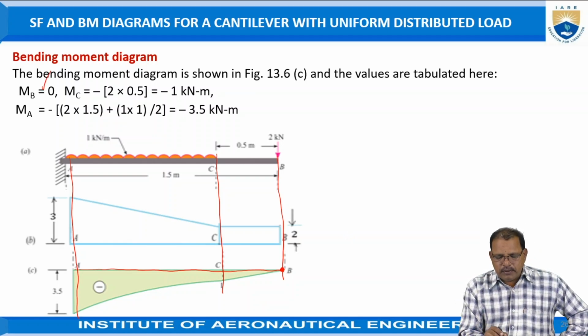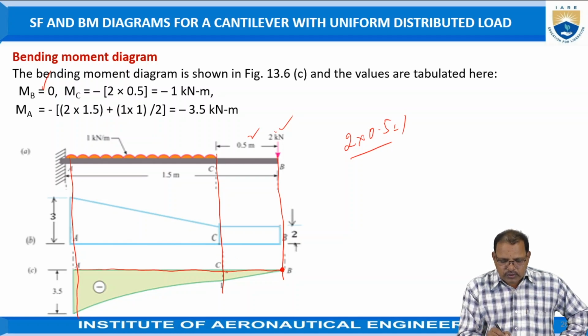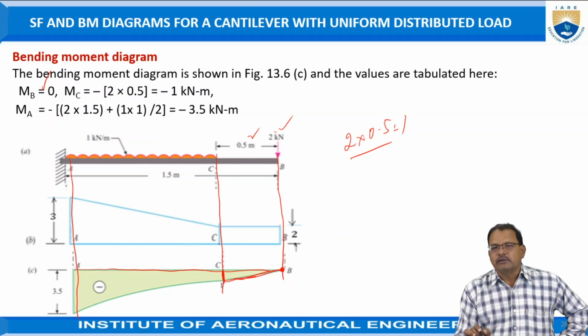The bending moment at C is equal to force into distance, that is 2 kilonewtons multiplied by 0.5. It is equal to 1 kilonewton meter. Just represent 1. Since it depends upon the distance only, you have to join these points by using straight lines now.